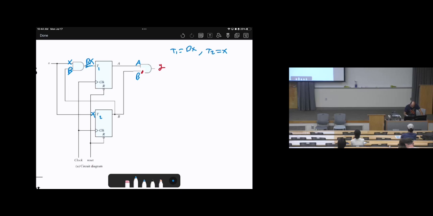As we know in the T flip-flop, Q of T plus 1 or Q star equal to TQ bar plus T bar Q, right?